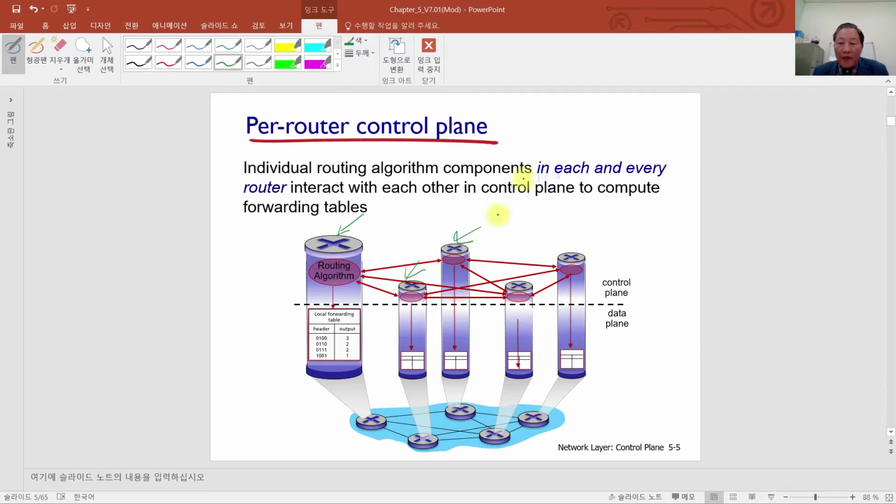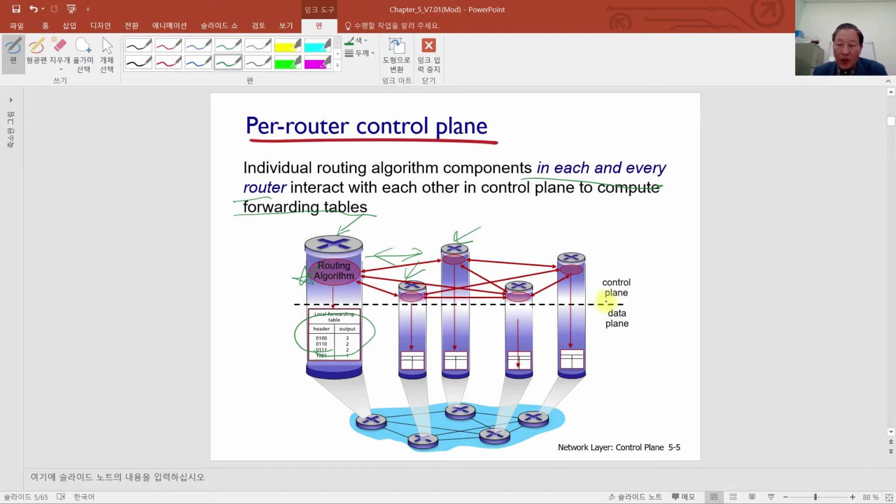The routing algorithm components in each and every router interact with each other in the control plane to compute forwarding tables. The main purpose of the interaction is to compute this, depending upon the routing algorithm.